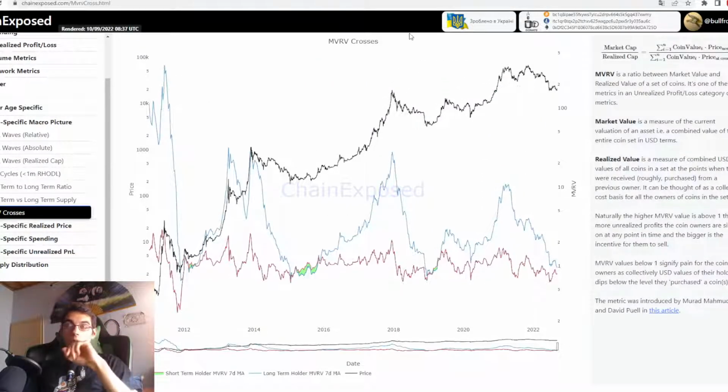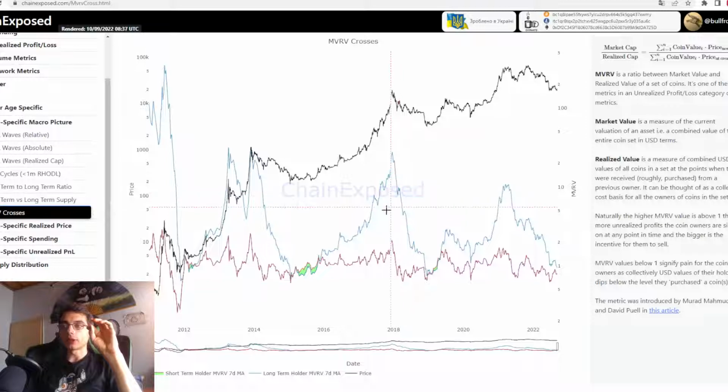This is MVRV Crosses. This is a metric that I'm watching to see if we are at a very bottom. If you see right here, this blue is long-term holder MVRV. The red is the short-term holders MVRV on a 7D EMA.